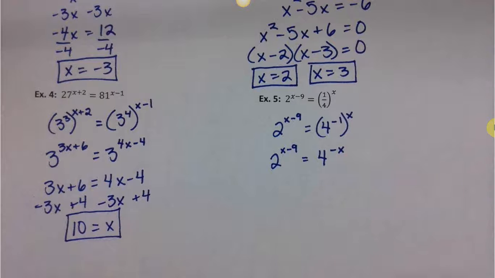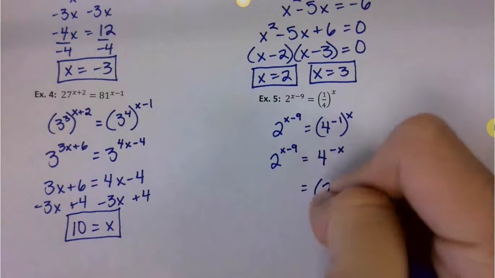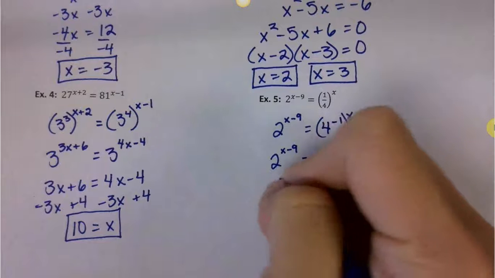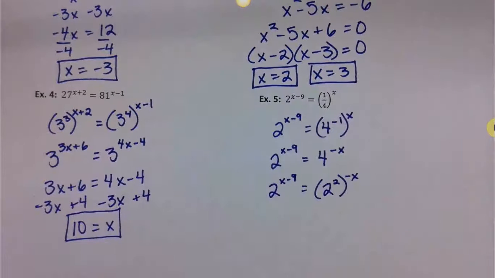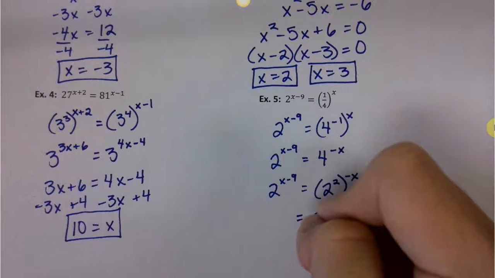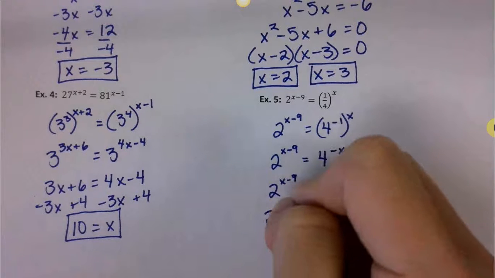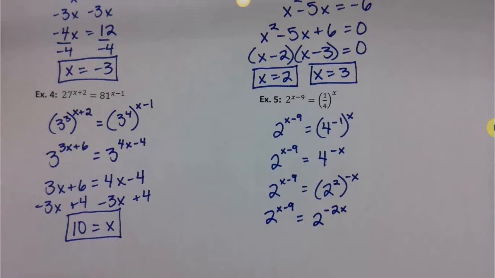And then 4 is the same as 2 squared. And again, multiplying exponents gives us 2 to the negative 2x on the right side. And now both sides of the equal sign have that common base of 2.